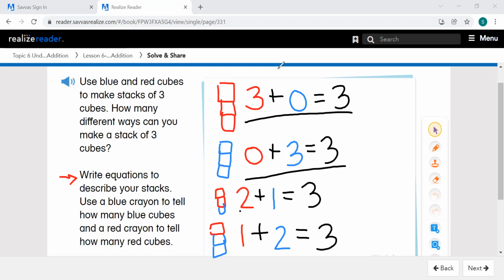In our next 2 equations, we're also using the same two numbers, 2 and 1. We just put them in different orders, 2 plus 1 and 1 plus 2, but they still equal 3. So it doesn't matter what order we put our numbers in, they still equal the same number, no matter which one comes first. All right, let's move on to our next page.